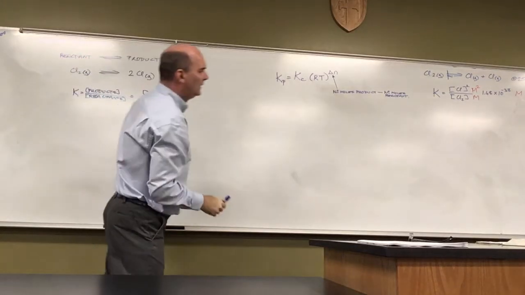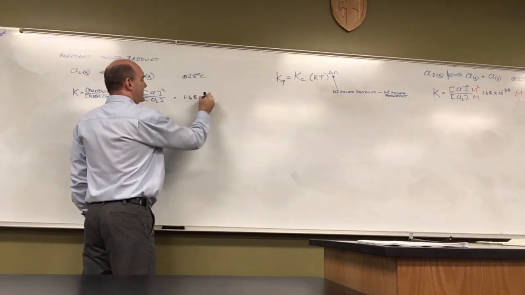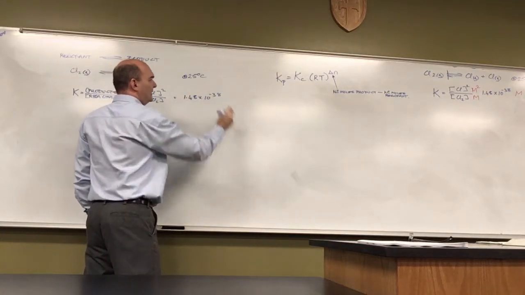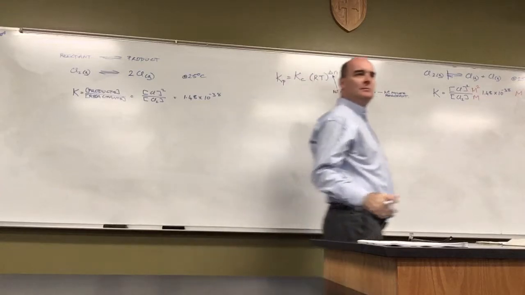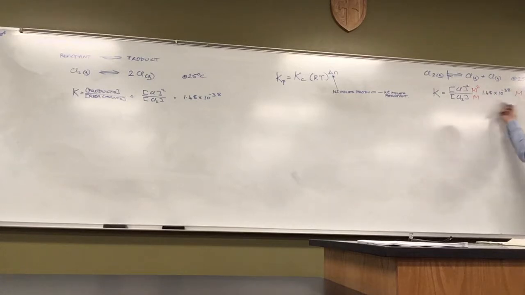And that number turned out to be a really, really puny number, 1.48 times 10 to the negative 38. What were the units? Doesn't have any, even though that's why they're written in red.